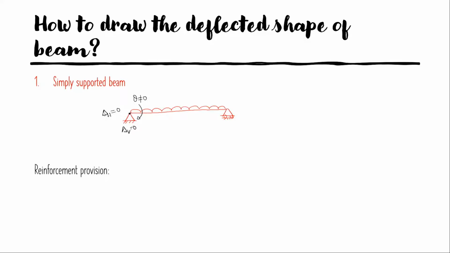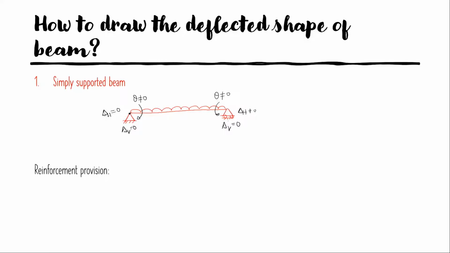Similarly, at this end, a rotation is possible, meaning theta is not equal to 0. Horizontal movement is possible, meaning delta H is also not equal to 0, and vertical displacement delta V is equal to 0. It cannot move vertically.